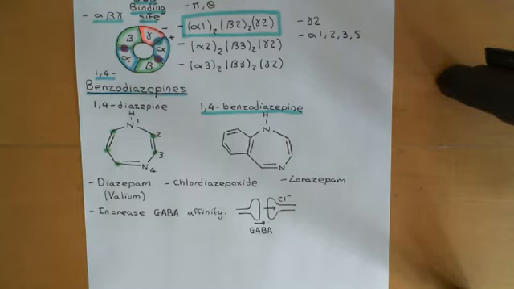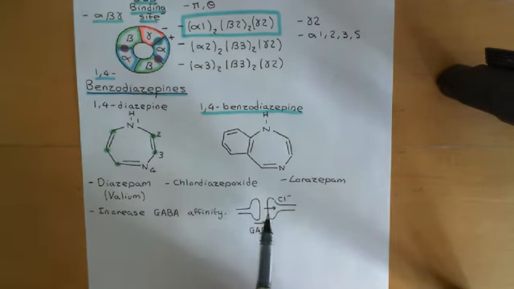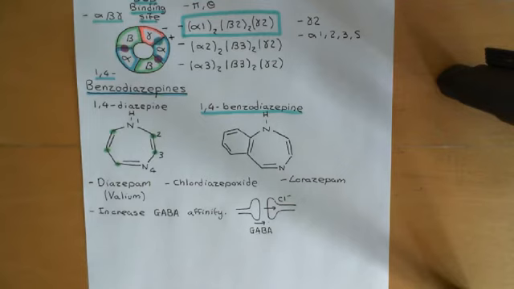Now, if we douse this postsynaptic cell in our benzodiazepine, then benzodiazepines will bind to those GABA A receptors which have benzodiazepine binding sites, and we know now that most of the GABA A receptors are going to have benzodiazepine binding sites, because the main ones that are found in the brain do fulfill those requirements.